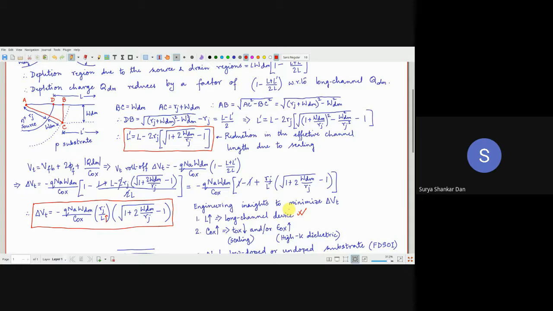The only reason why TI will prefer to go for the 45 nanometer technology node rather than 180 nanometer is simply because they want to put in more devices and more functionality in their analog IC chips. Apart from that, as far as circuit performance is concerned, it is actually degrading the performance. GM will reduce, RO will reduce.